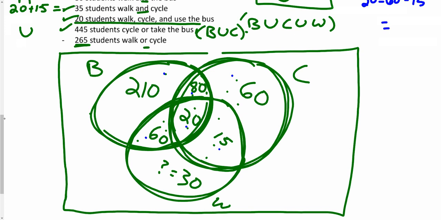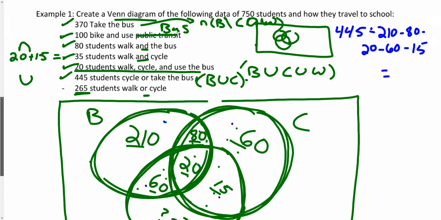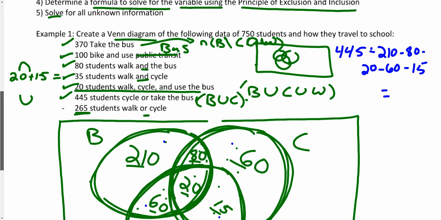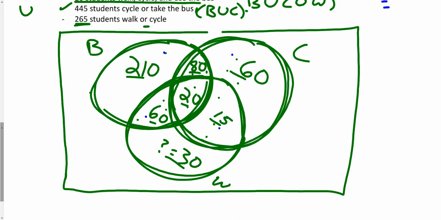We take 750, because that was our total amount of kids, and see what we have left over. Who knows? Let's just try it. So 750 minus 210 minus 80 minus 20 minus 60 minus 15 minus another 60 minus 30.